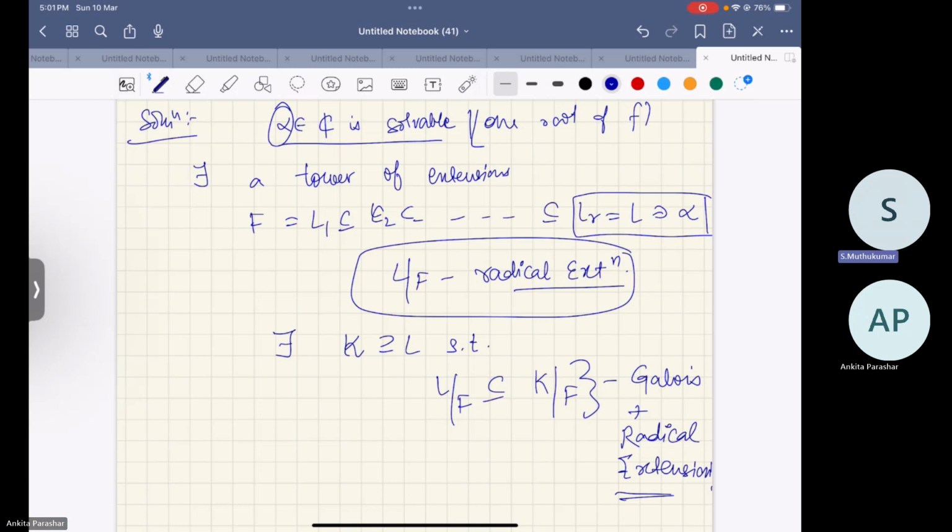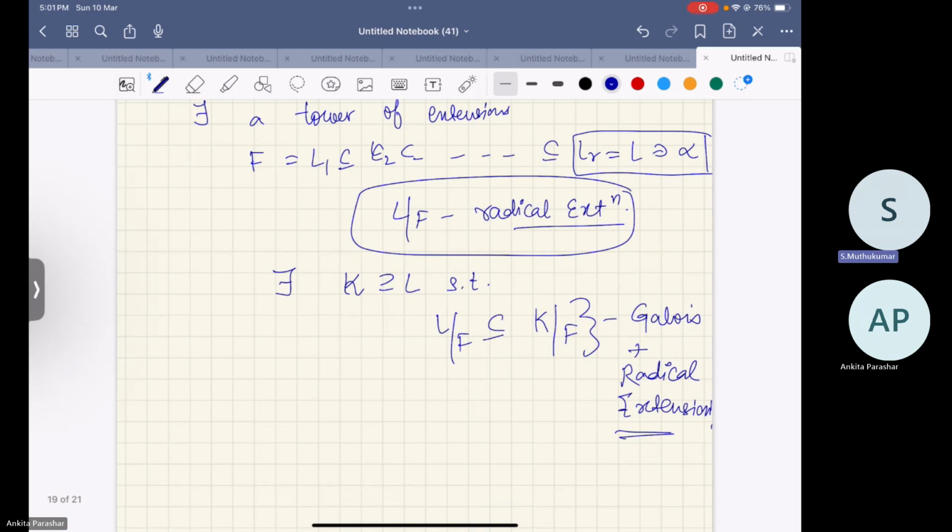So once you have this, do we really need to check all the roots? Why? Because your alpha is in L, L is contained in K, and K is the splitting field of f. So that means all the roots lie in K.